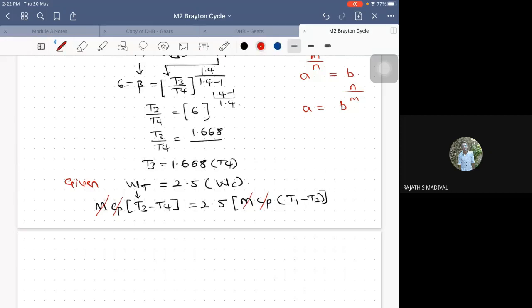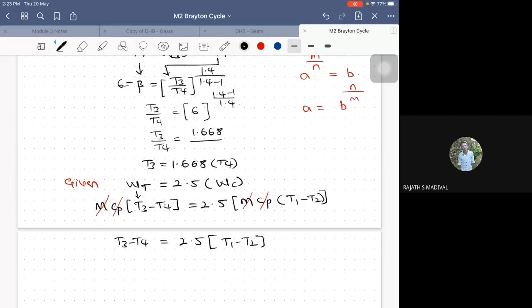Next, whatever is remaining, I will be writing down here. T3 minus T4 is equal to 2.5 times T1 minus T2. So, in this particular equation, what to do now?